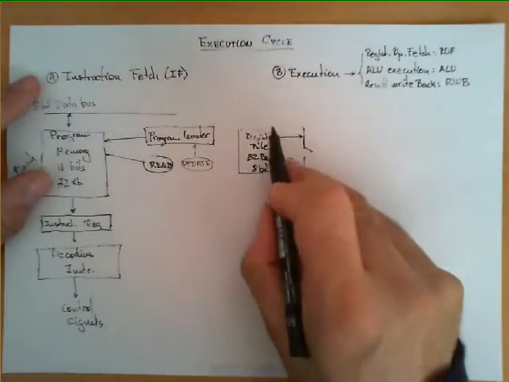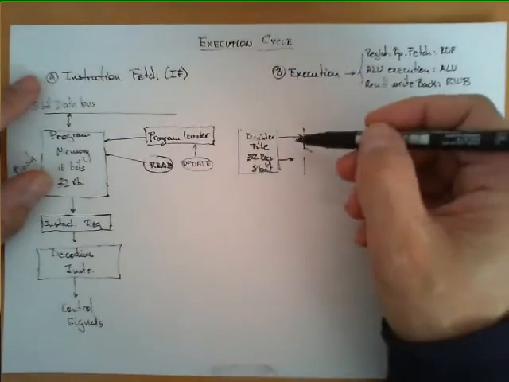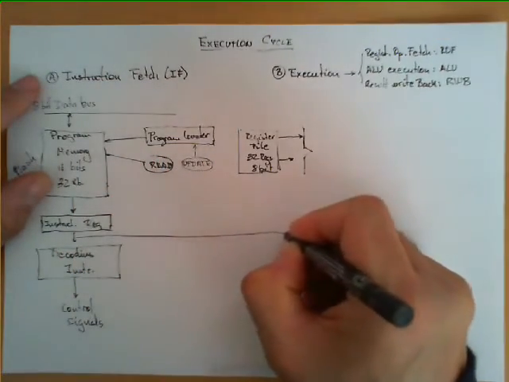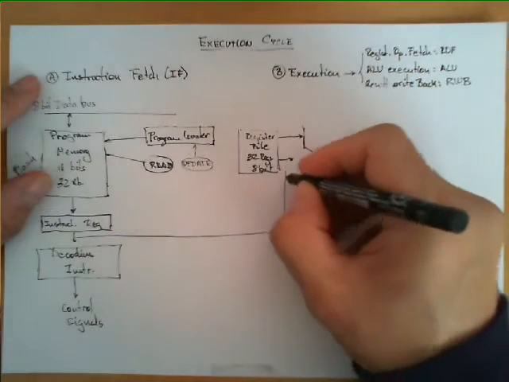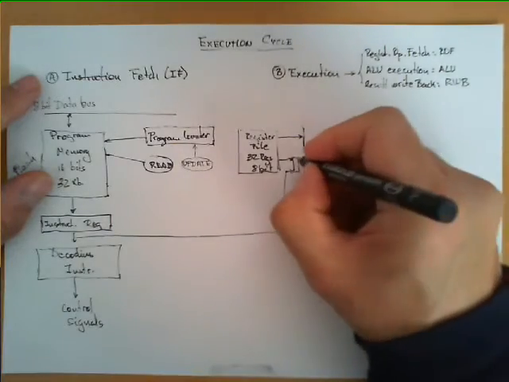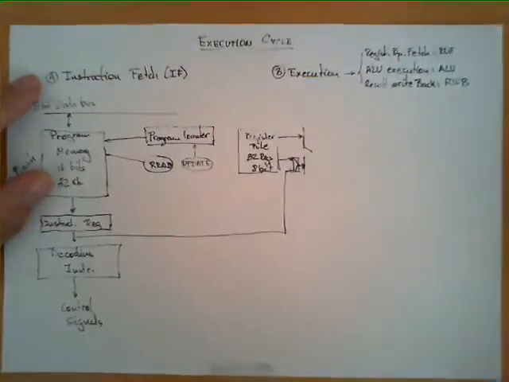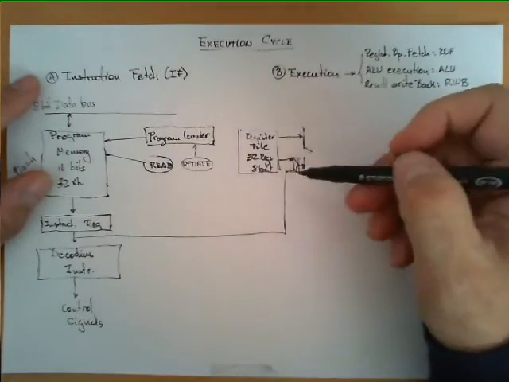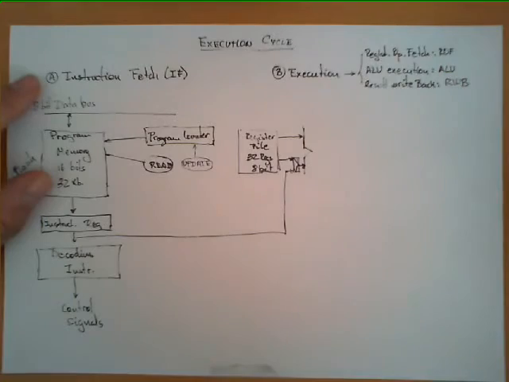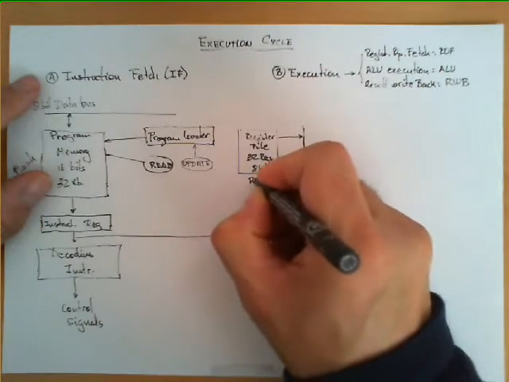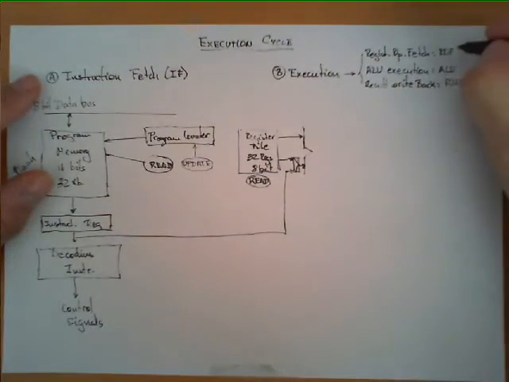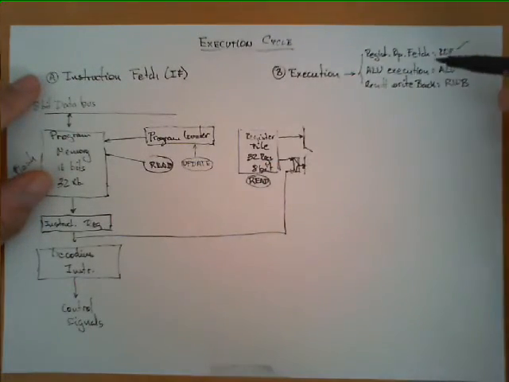Now the operands might come both from the register file, or one of them from the register file and the other taken from the instruction register. And this is for those instructions in which one of the operands is part of the instruction itself. What we have here is a multiplexer that allows us to select the operand to either come from the register file or the instruction register. So what we're going to do here is a read operation on the register file, on this substage here.